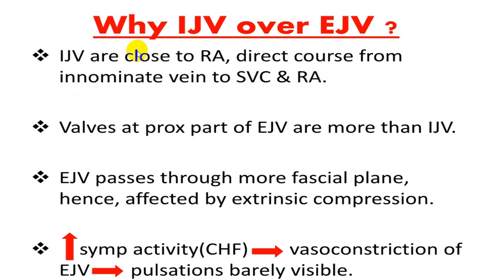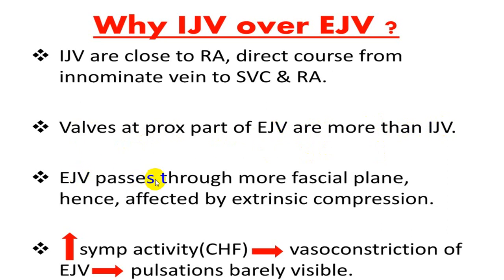Hence, it gives almost the same changes that take place in the right atrium, because there is no wall in between. The wall at the proximal part of the external jugular vein is more than in the internal jugular vein. So you cannot take the external jugular vein into account.